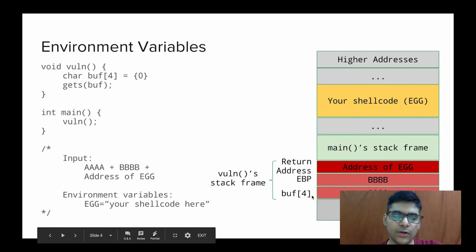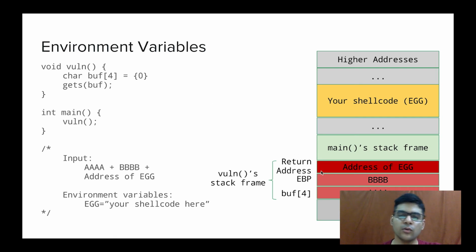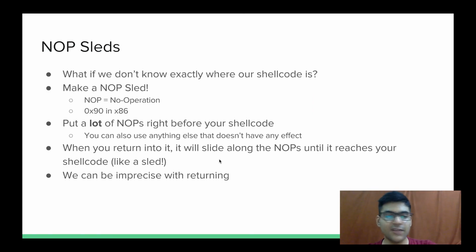You don't need to limit yourself here like you had to in the case of a buffer, in which you were limited to 68 bytes. Here you can pass any amount of gibberish, and then the return address has to be the address of the environment variable, since you want to jump there.